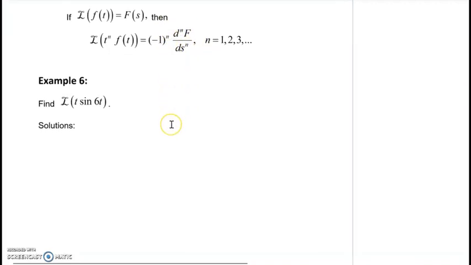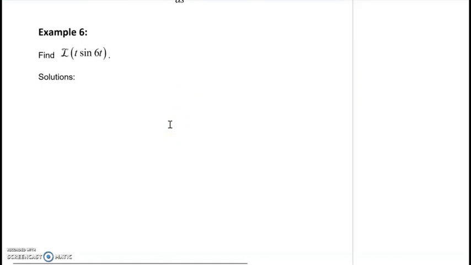All right. So in example 6, we want to find the Laplace transform of the function t sine 6t. This term can be seen as t power of 1 multiplied with some function f(t), so it can be mapped to the property of the Laplace transform of t power of n times f(t).